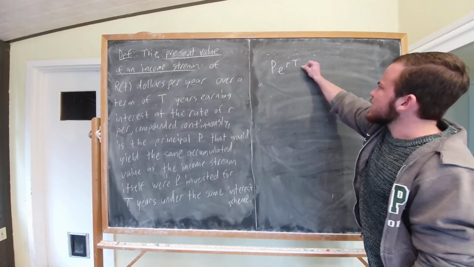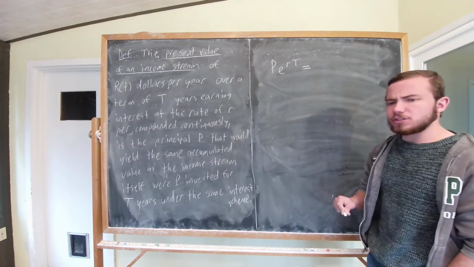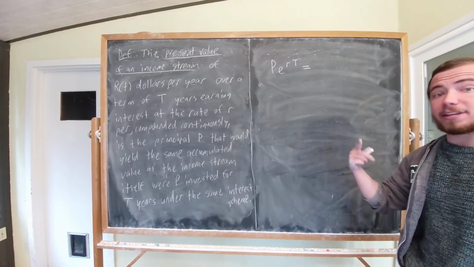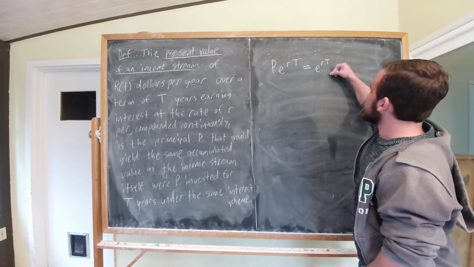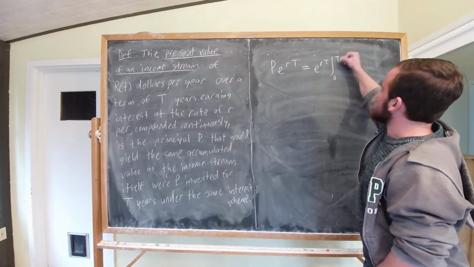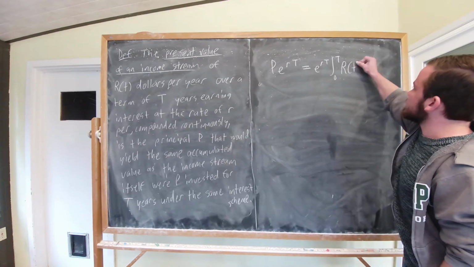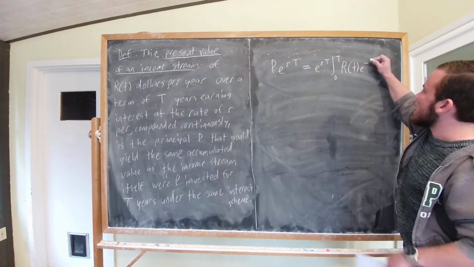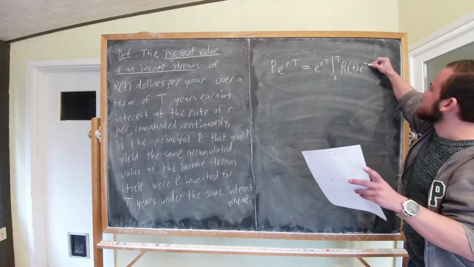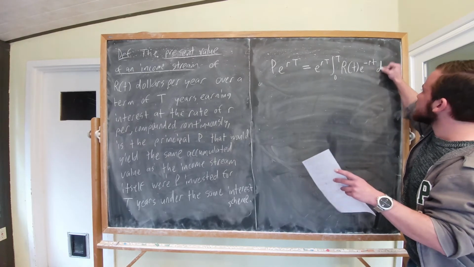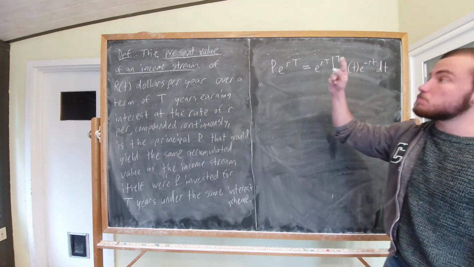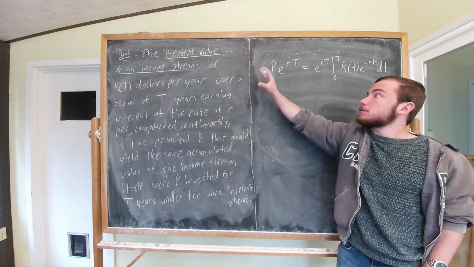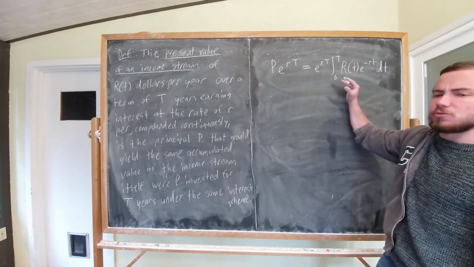And we're setting it equal to the amount that we would get from the income stream, which is e to the RT times the integral from 0 to T of capital R of t e to the minus little r little t dt. We're saying, hey, we are going to define P such that these two things are equal to each other.